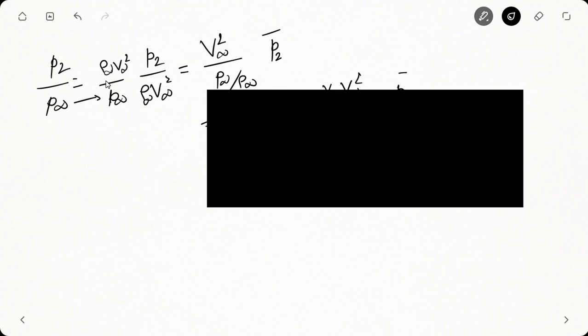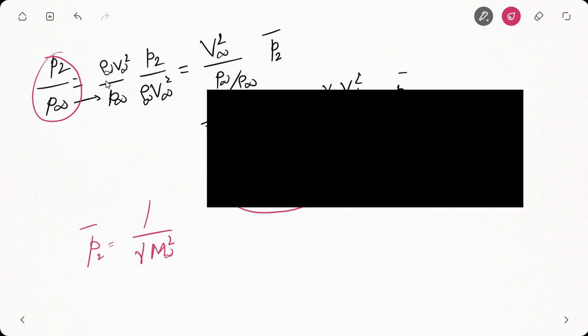That's actually equal to, this particular factor is equal to gamma M infinity square, and then P2 bar. So this value, which is actually given already, we have seen that across the shock, is nothing but equal to this. So this can be converted to P2 bar, actually whatever is there on the side divided by 1 by gamma M infinity square.